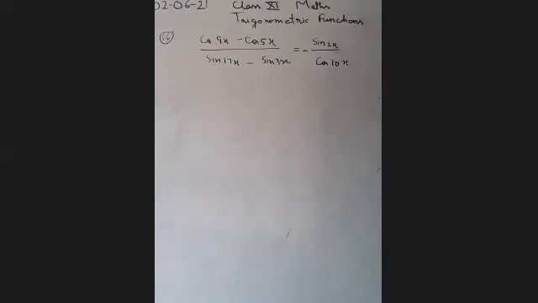You are seeing here in the numerator as well as the denominator, we can use the CD formula: cos C minus cos D in the numerator, and sin C minus sin D in the denominator.